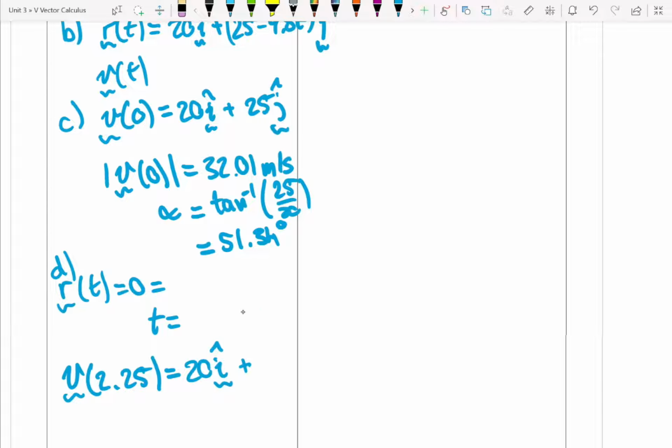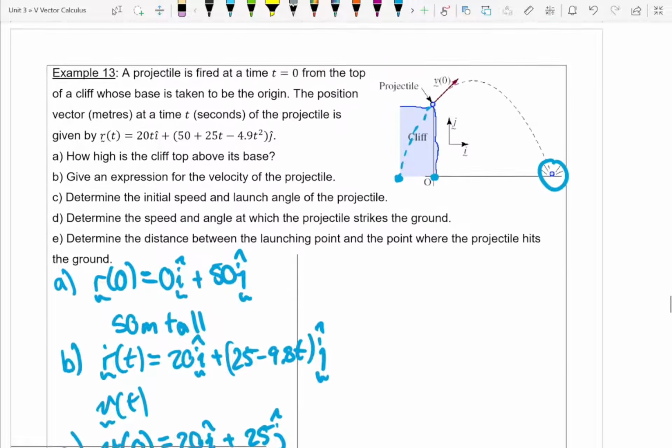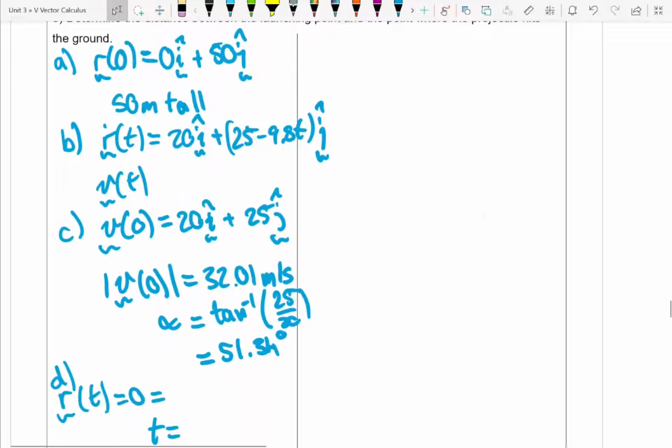0 is going to be equal to, apologies for the mistake here, 50 plus 25t minus 4.9t squared.